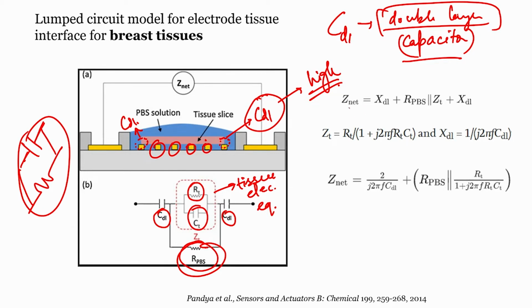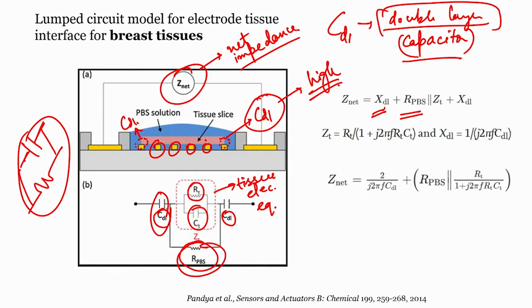So as we can see here, the Z net, which is the net impedance, which I had mentioned earlier, will be given by the reactance of the double layer.